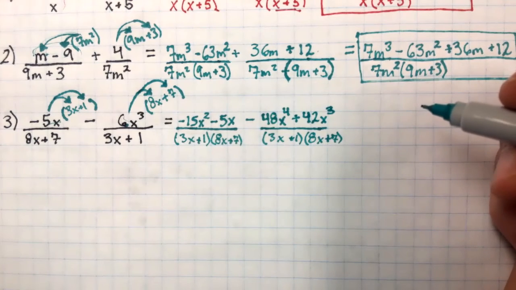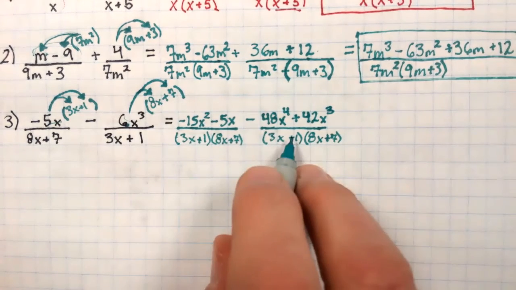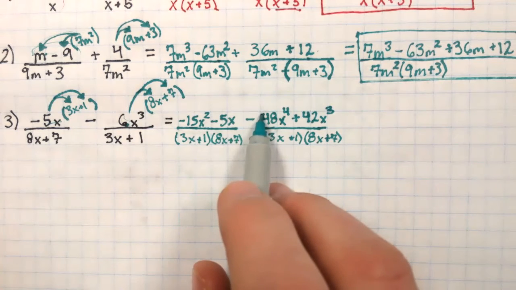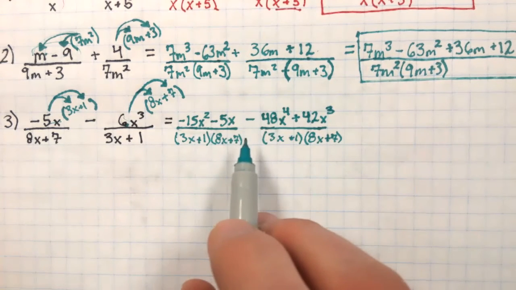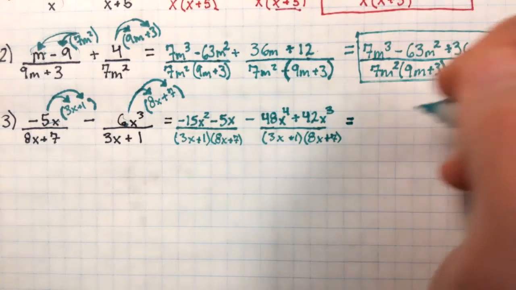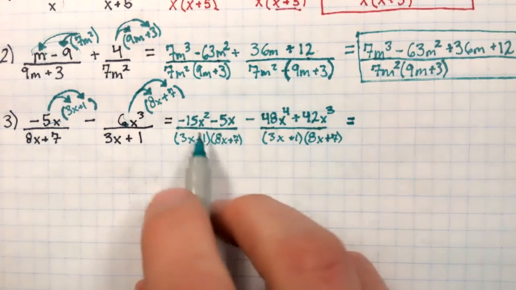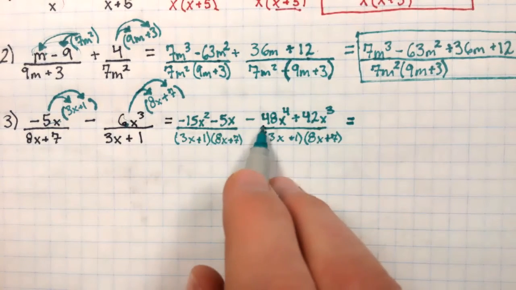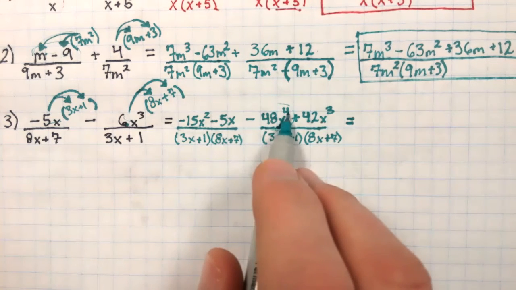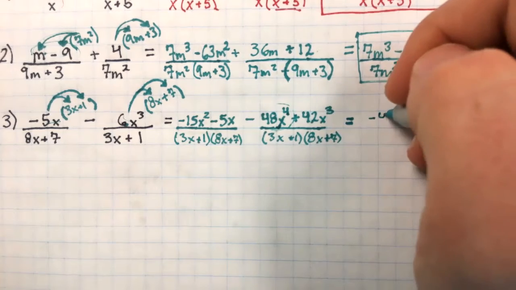We've got the new fractions with their common denominators written out, figured out the new numerators. The last step would be combining like terms. Scan the numerators for the largest exponent, which is going to be this guy right here, negative 48x to the power of 4. That's what we'll put first.